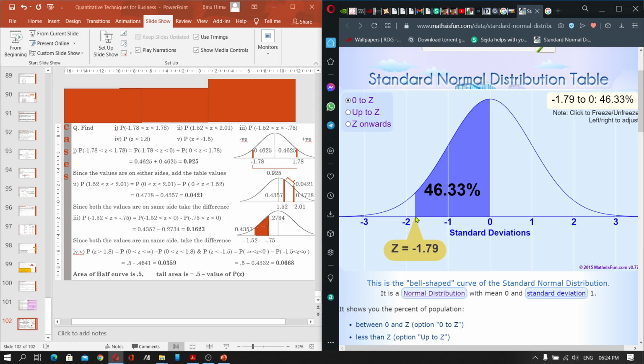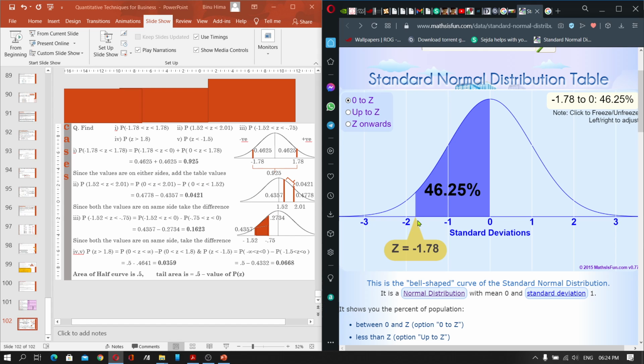Okay, 46.33. That is represented as 0.4625. And here it is 1.78. If you exactly pinpoint that, we will get the exact 46.25. Actually this was the value 0.4625. So from this point to this point, the area is 0.4625.